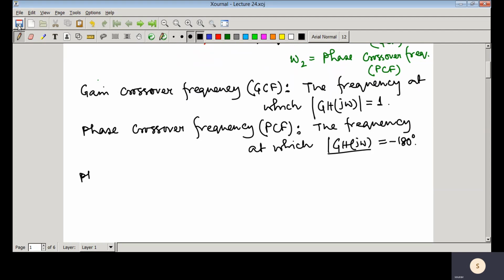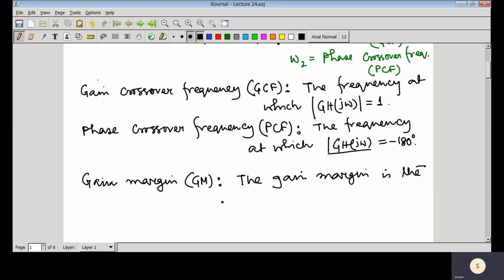So let us write that gain margin. Gain margin is abbreviated as GM. So what is that gain margin? The gain margin is the reciprocal of the magnitude.